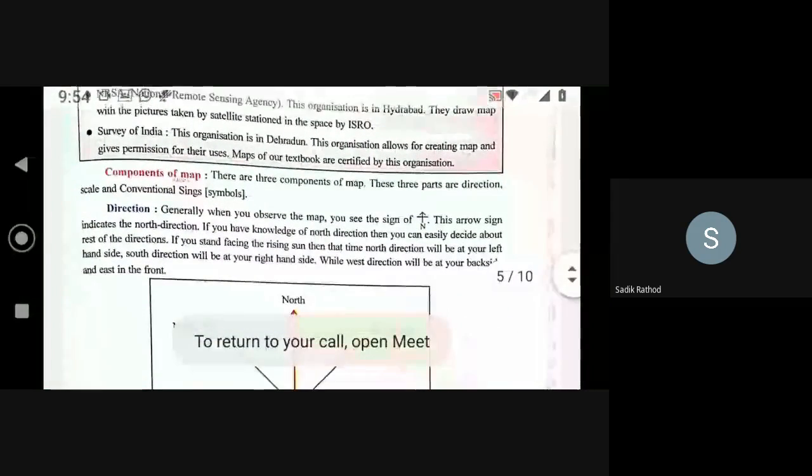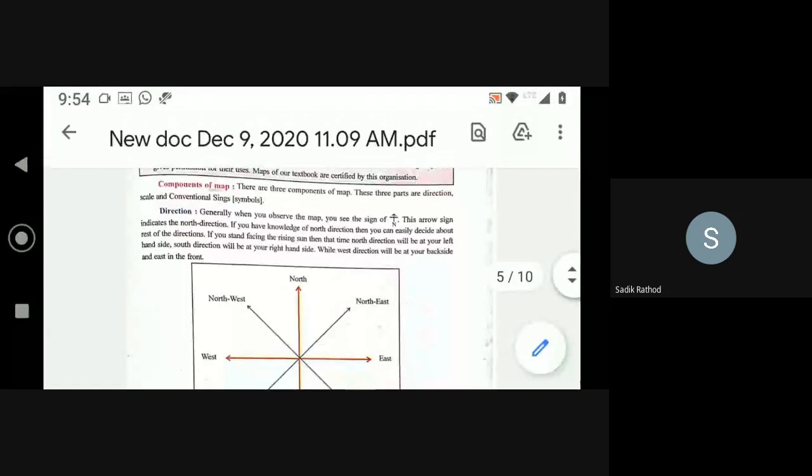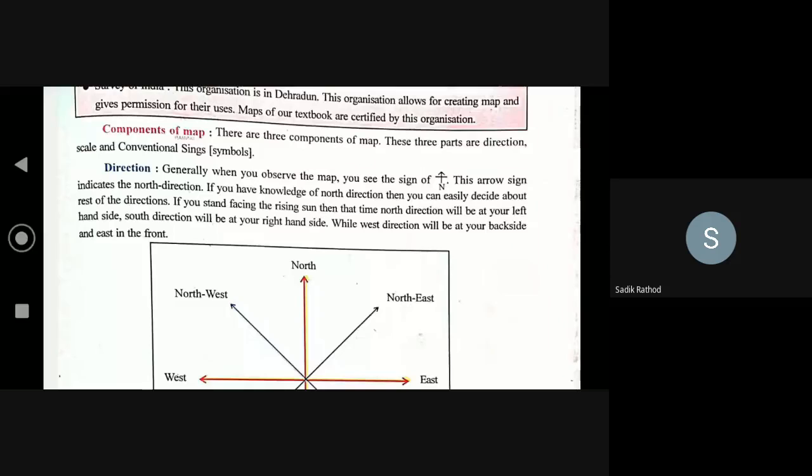Yes. So now, the different components of a map. We all know very well, we have studied the different components of a map in the 5th class also. Components of maps are three. Okay, three components of map: direction, and they are known as what? Direction, scale, and conventional signs. The third one is conventional signs.